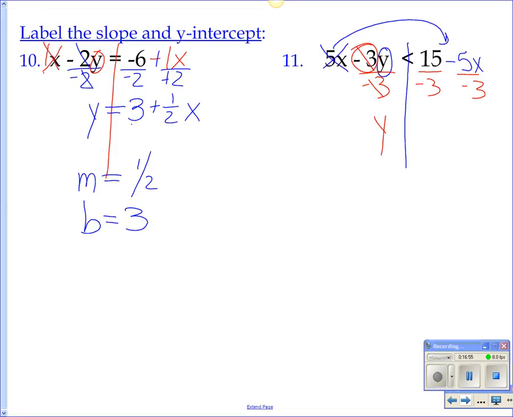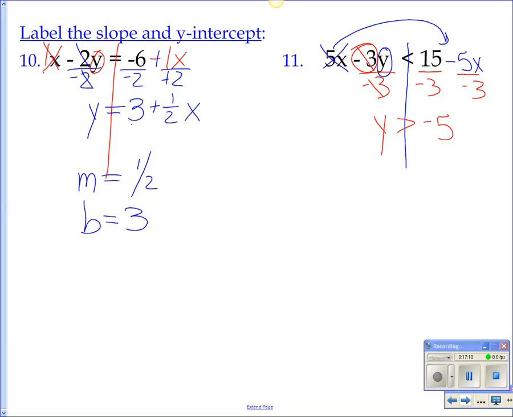Okay. All right. Chad, do I drop my sign down or do I flip it? Why? Because you're dividing by negative. So you flip it around. Daniel, 15 divided by -3. -5.